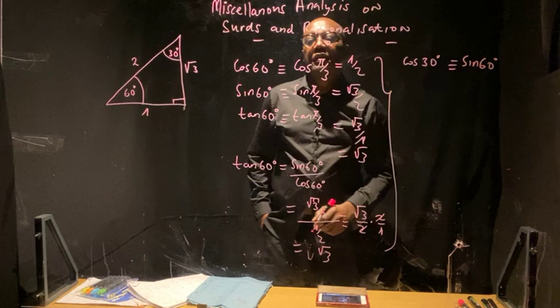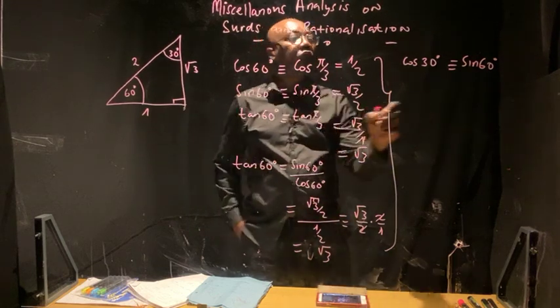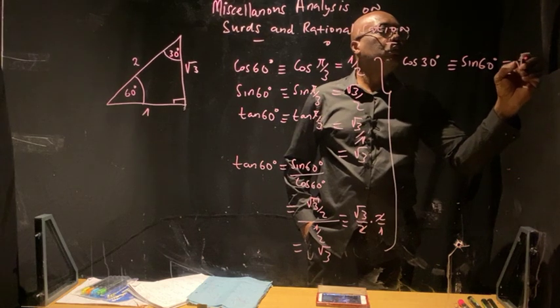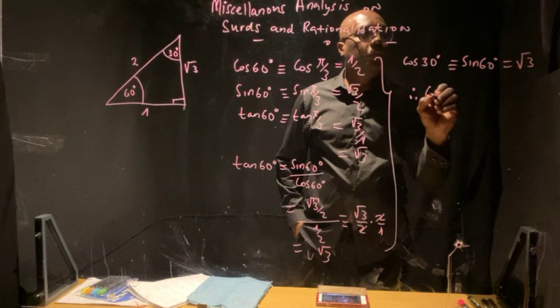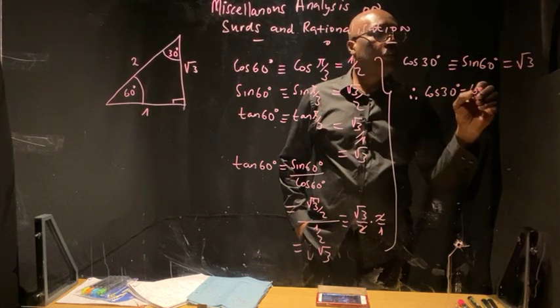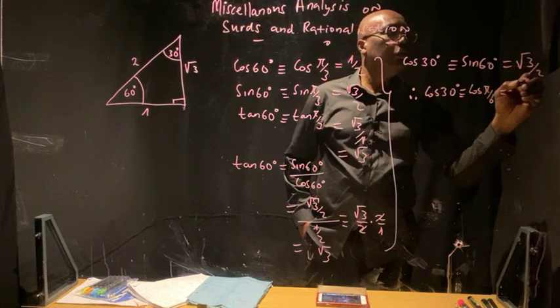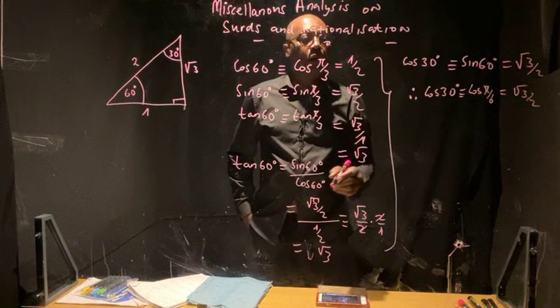And what is sine 60? Sine 60 is equal to root 3 over 2. Therefore, cos 30 or cos pi by 6 is equal to root 3 over 2. Okay.